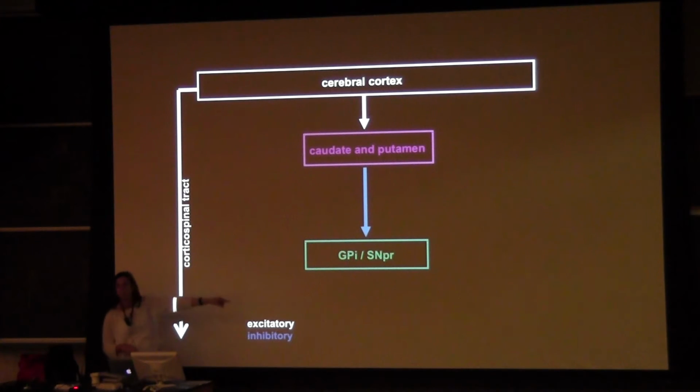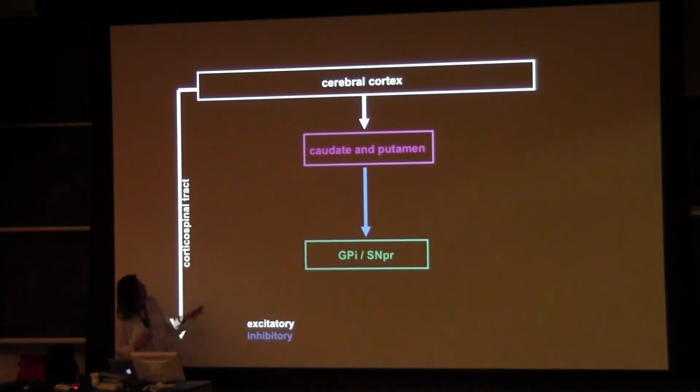So this pathway, you're going to hear about this as being called the direct pathway. And that's because the input projects directly to the output of the basal ganglia. So caudate putamen project to these two structures, globus pallidus internal segment and substantia nigra pars reticulata.